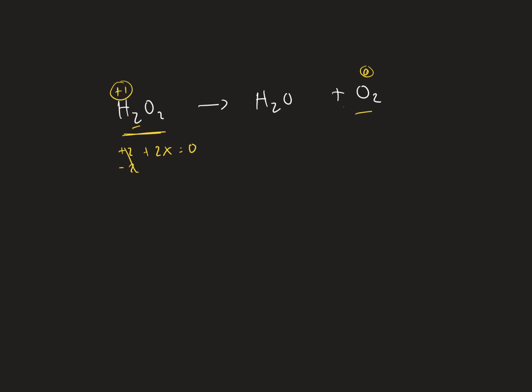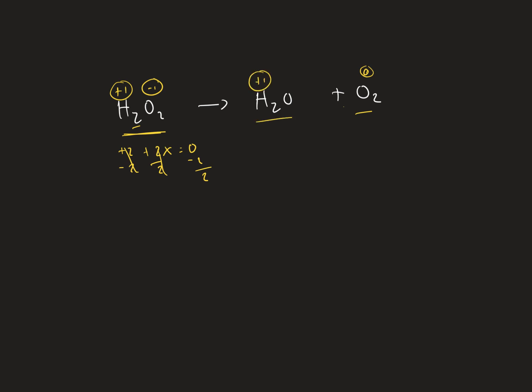So we subtract 2 from both sides and then divide by 2 on both sides, and we get -1. So a lot of times oxygen is -2, but in this case it's not. Most of the time it is -2, but you always need to check. Okay? And then you do the same thing on water.